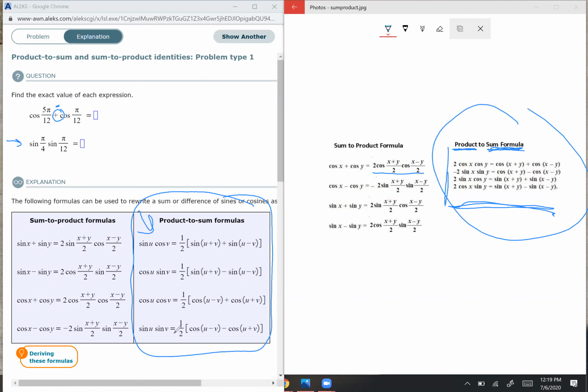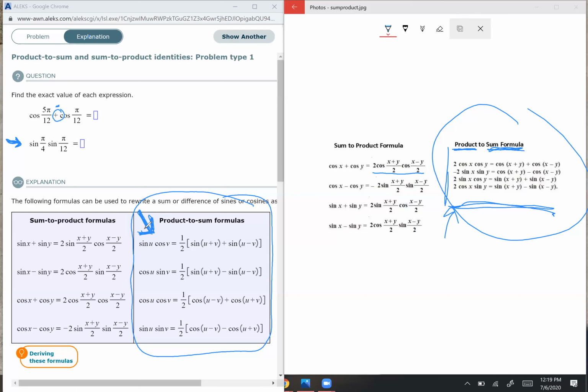Both things are going to work out the same way. Because ALEKS writes it this way, they don't have the 2 in front. That's why your problem doesn't have a 2 in front, because it most matches this identity. So even though we could go either way here, I've traditionally used the one with the 2 in front. Instead of that, I'm going to use the one that ALEKS has for us.